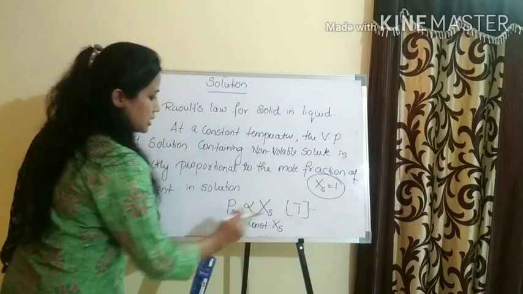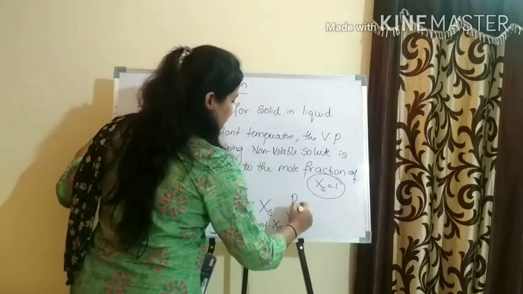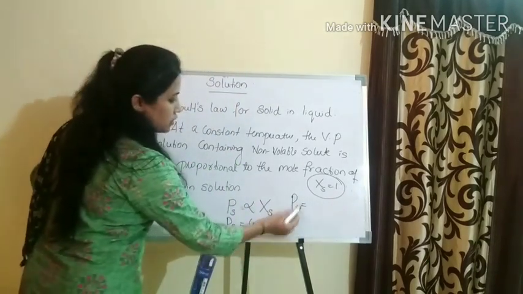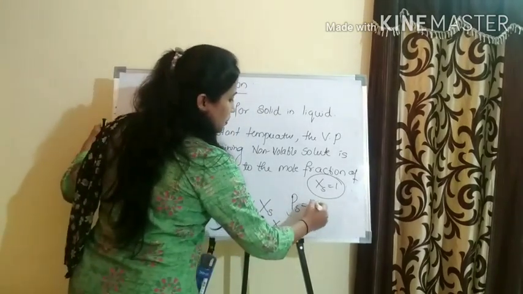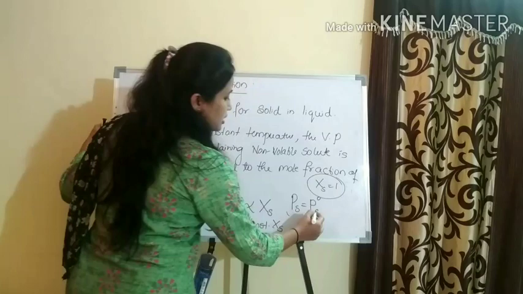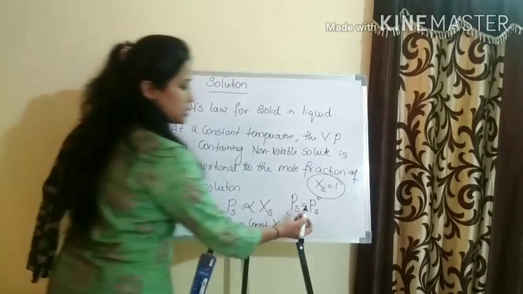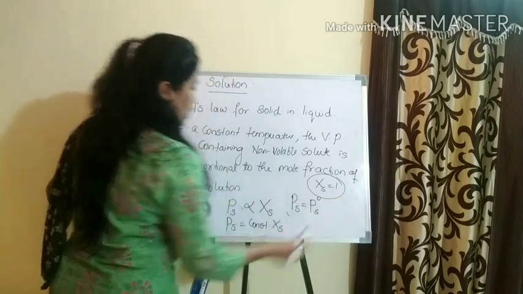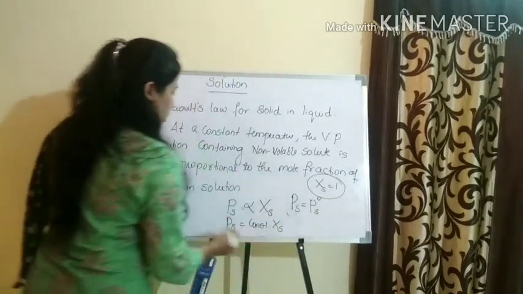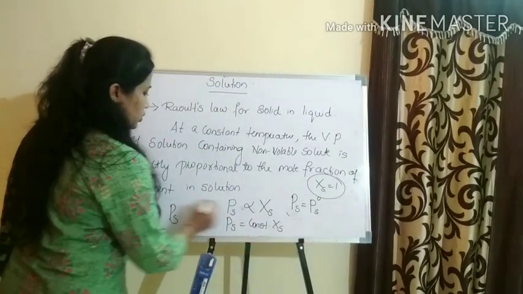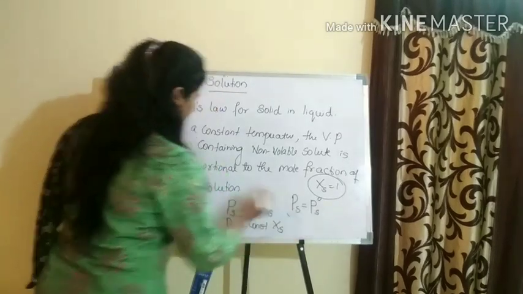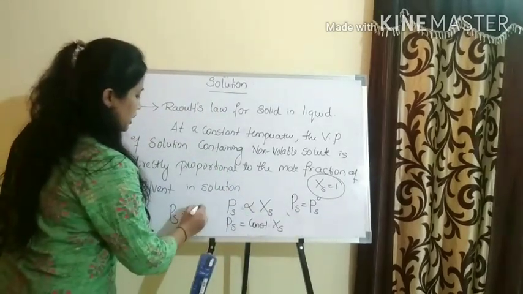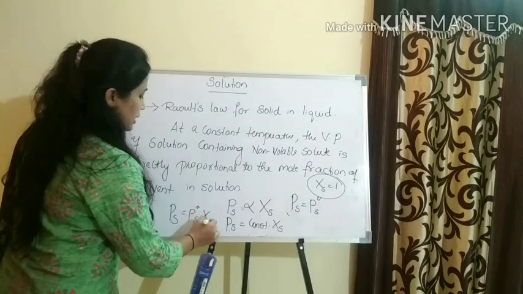There, Ps, the vapor pressure of a solution, is equal to P naught s, the vapor pressure of a pure solvent. The pure state is represented by a naught here. So the constant value becomes P naught s, and Ps is equal to P naught s into Xs.